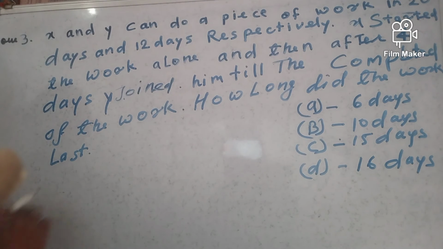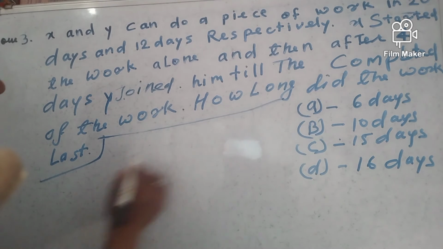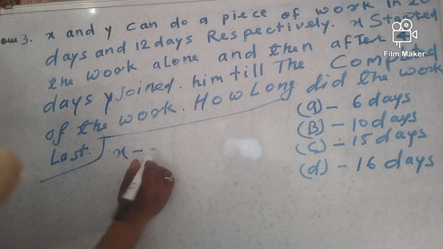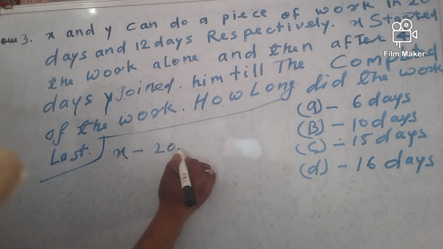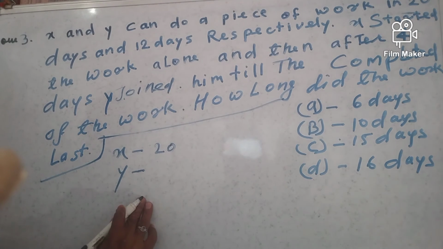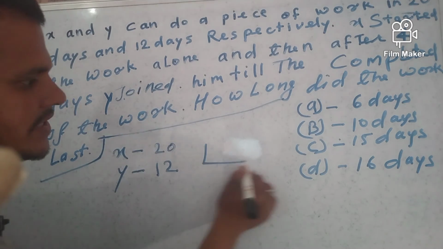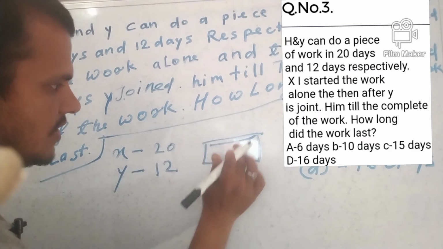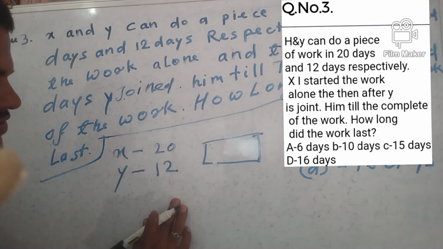So see here. X can do a work in 20 days, and the same work Y can do in 12 days. So first of all we need how much work. Take the LCM, a number in which both divide evenly.